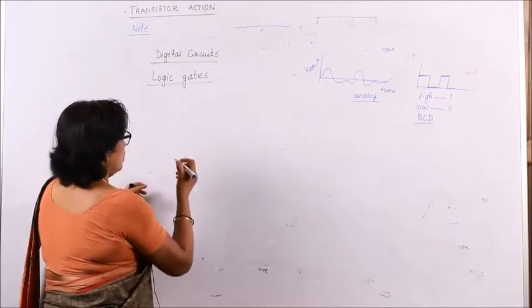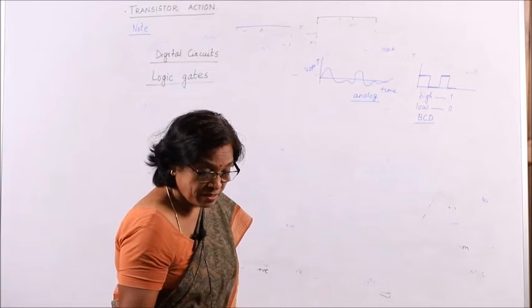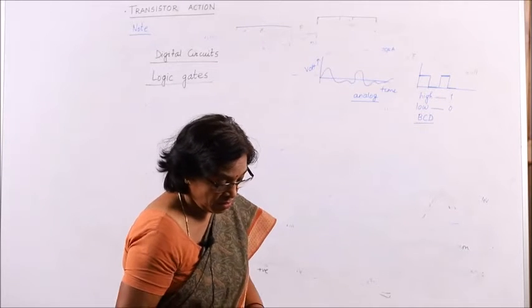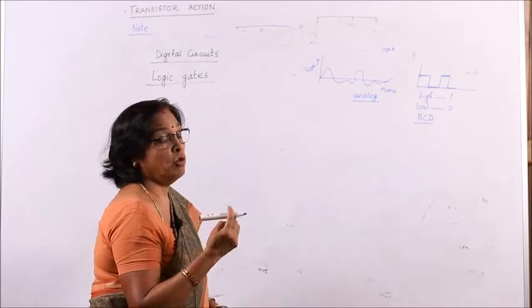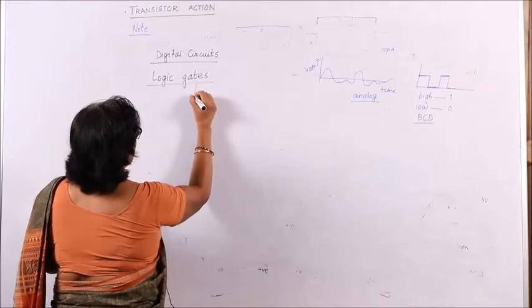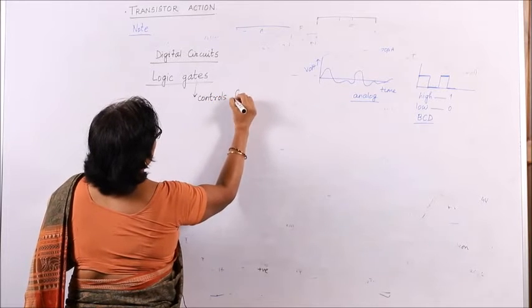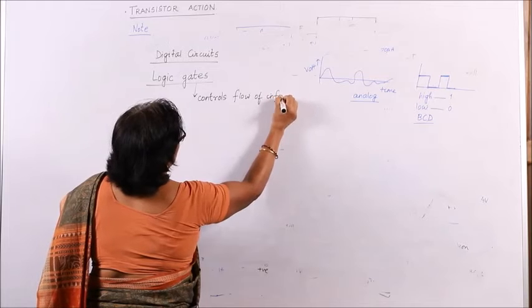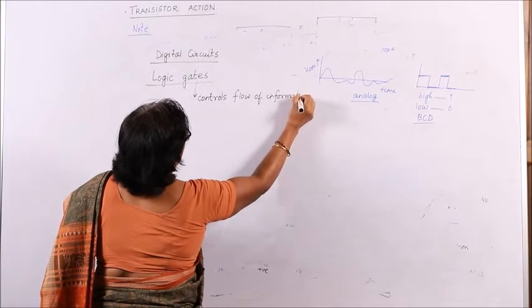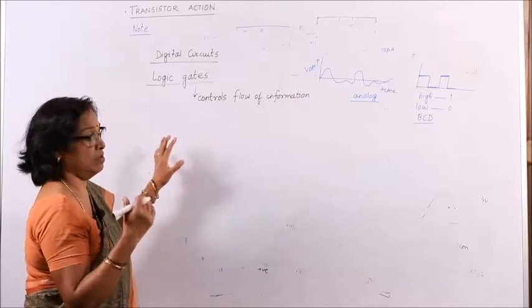Logic gates, now as the name indicates, gates, what is a gate and what is a logic gate? Gate is something which controls the flow of information. Any circuit which controls the flow of information is a gate.